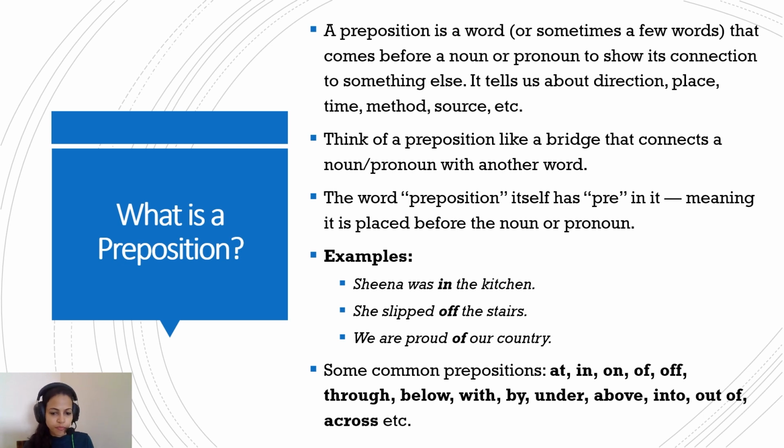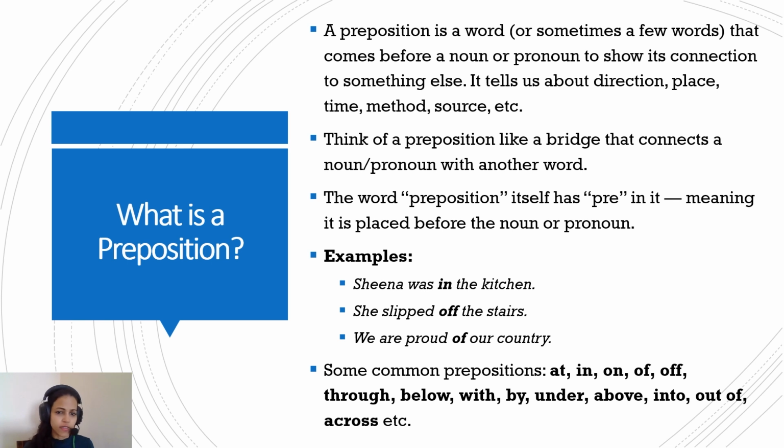It could be anything. So some of the common prepositions are at, in, on, off, through, below, with, by, under, above, into, out of, across. So even a glimpse of these words would give you a sense that these are telling you about the position mostly.